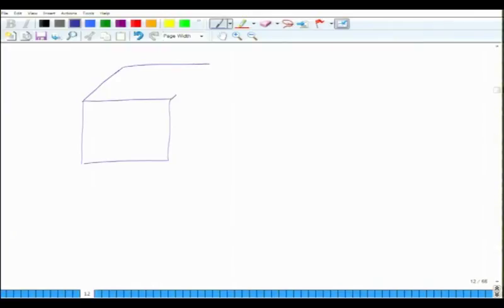So, if I draw a crystal direction in this unit cell, let us say I want to draw [1 2 3].